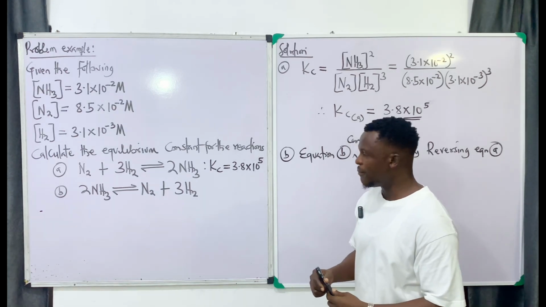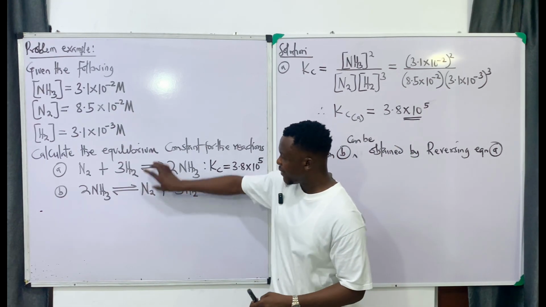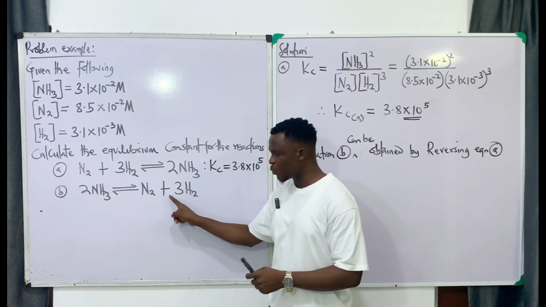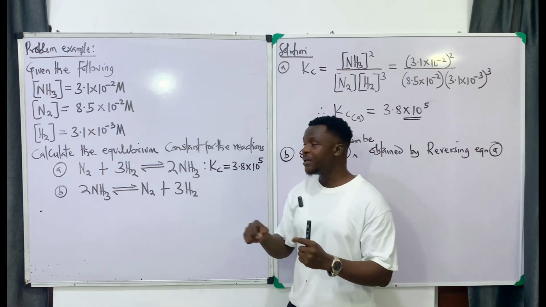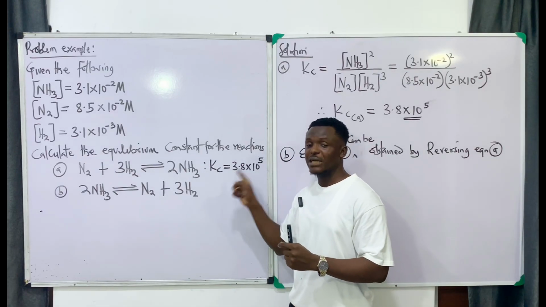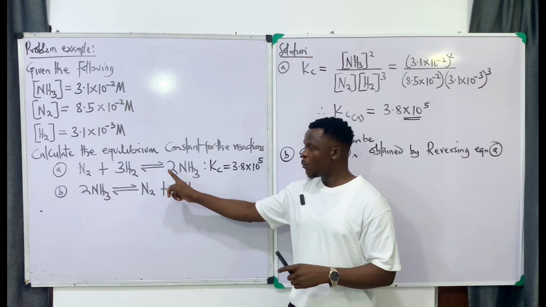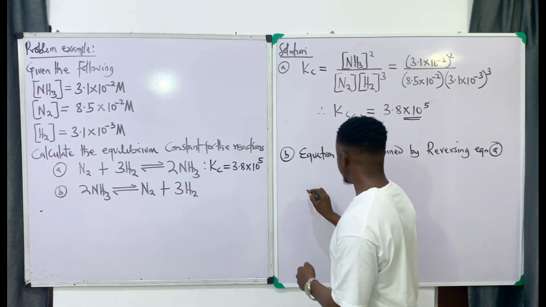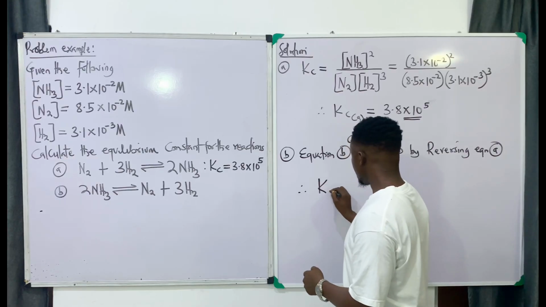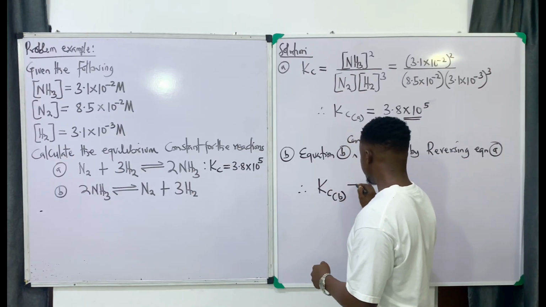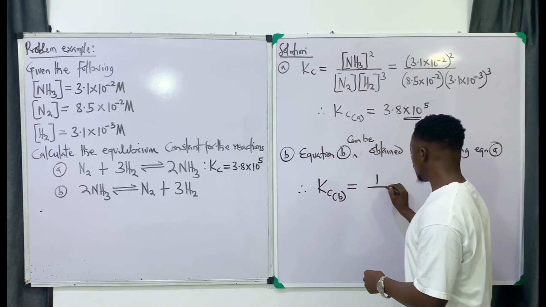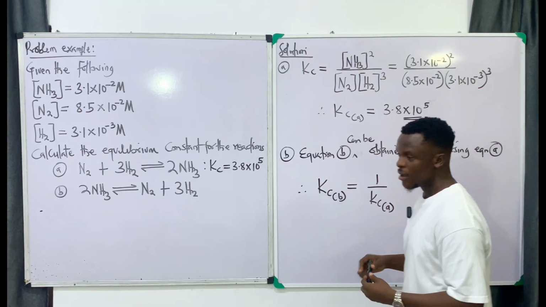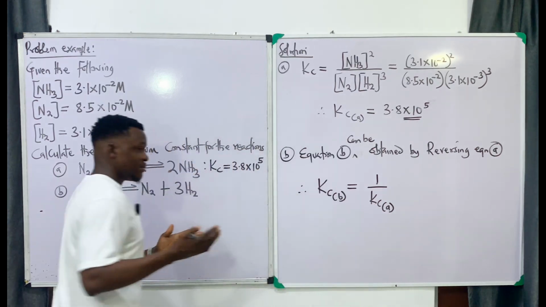Remember, if I reverse equation A to get equation B, it means the equilibrium constant of equation B will be the reciprocal of the equilibrium constant of equation A. So therefore, KcB becomes 1 over KcA. I repeat, why did we do that?